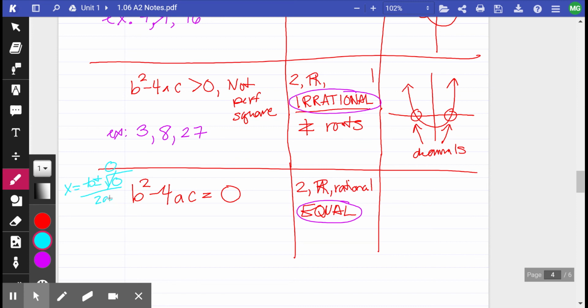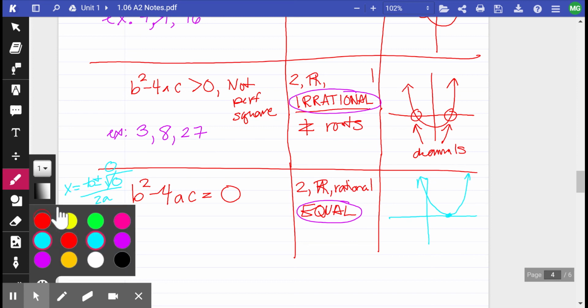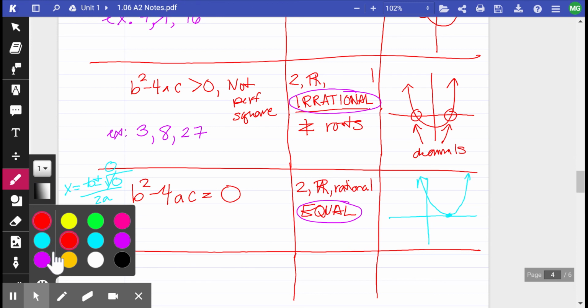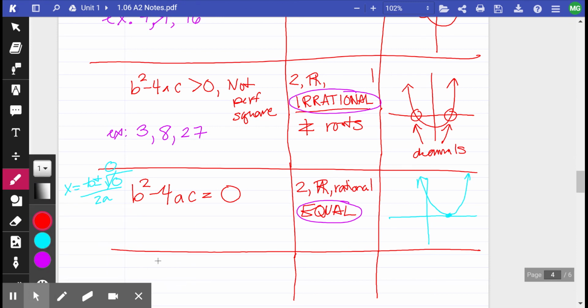It's just going to be negative b over 2a for your answer. On the graph, that's going to look like you're hitting the x-axis 1 time. But we say that there's 2 equal roots because technically you'd have 2 factors and they would be equal. So you're never going to have just 1 root. If you have 1 root, it means you have 2 equal roots.